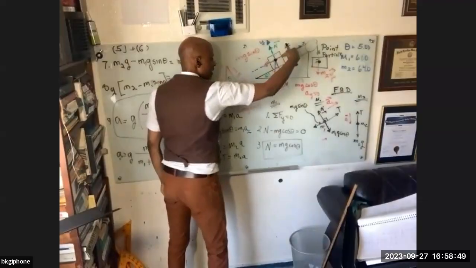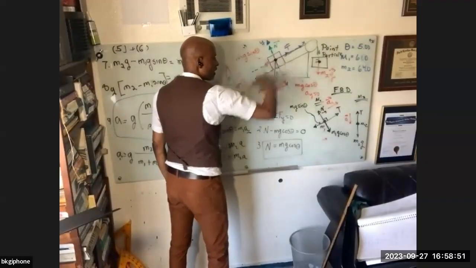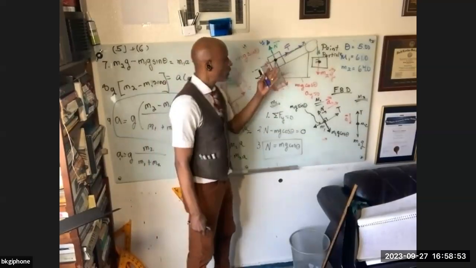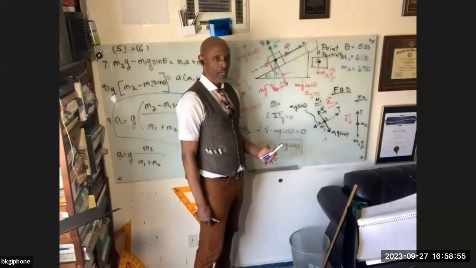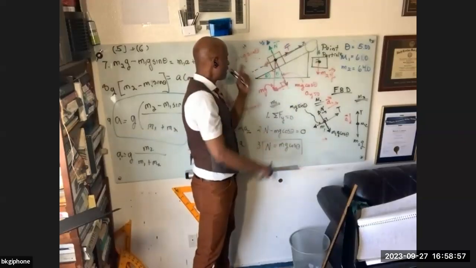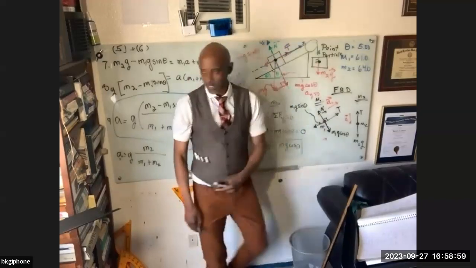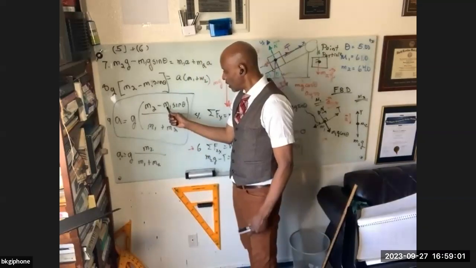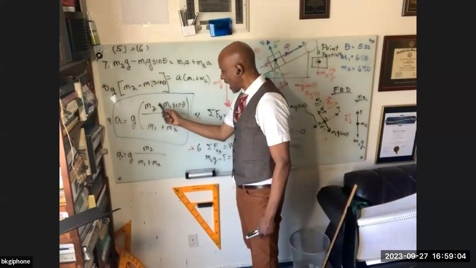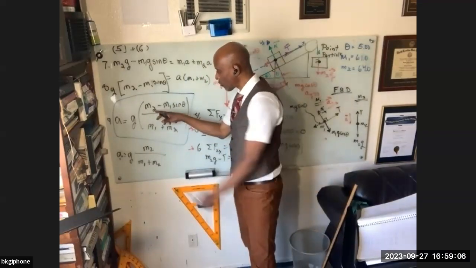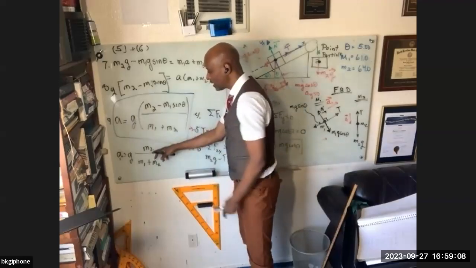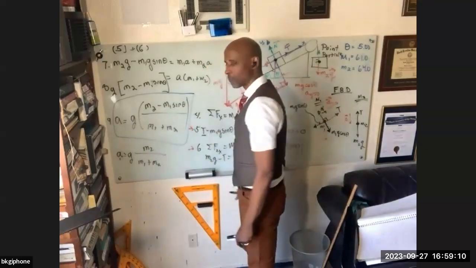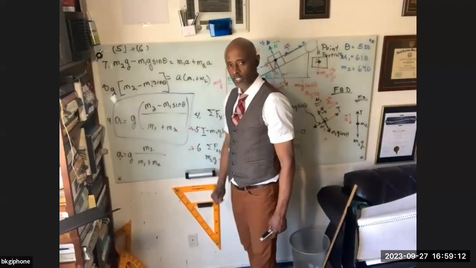It's the mg sine theta, the amount of the block on the surface that's pulling away, that's taking away from the acceleration. mg sine theta is in the opposite direction. So you can see M1g sine theta, I'm subtracting that from the original weight M2G that was there when the angle was 0.